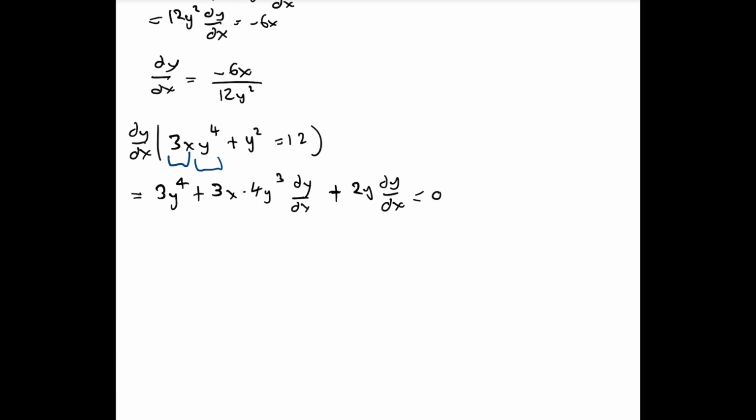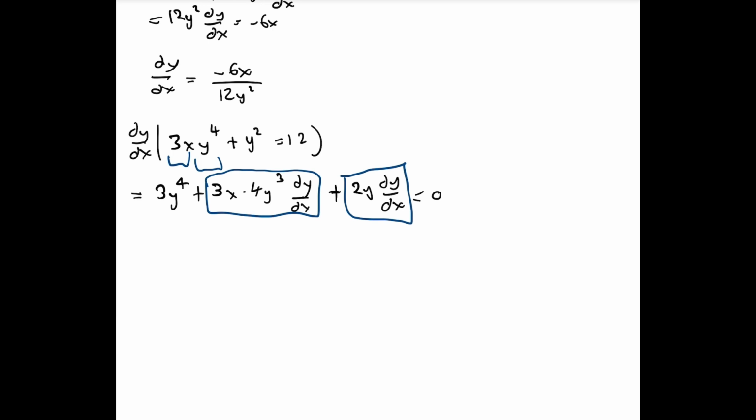The first thing to recognize here is that there are multiple terms that have dy/dx in them. There is this term here, and also this term here. So eventually we're going to have to take a factor of dy/dx out the front.